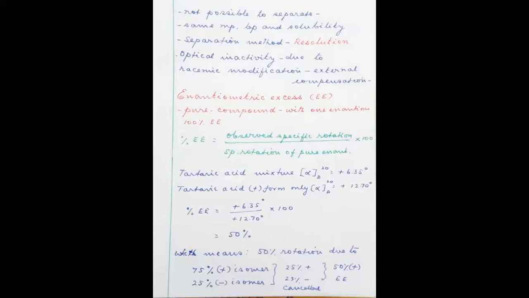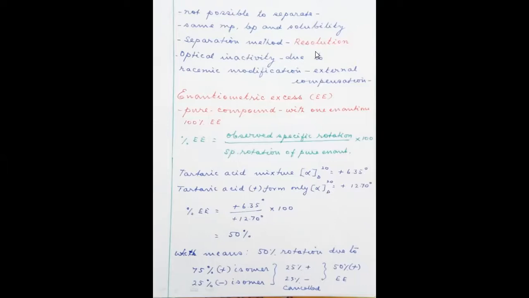But there are some methods to separate the enantiomers into D and L forms. This separation method has a specific name called resolution. Resolution means separating the enantiomers into two isomers.